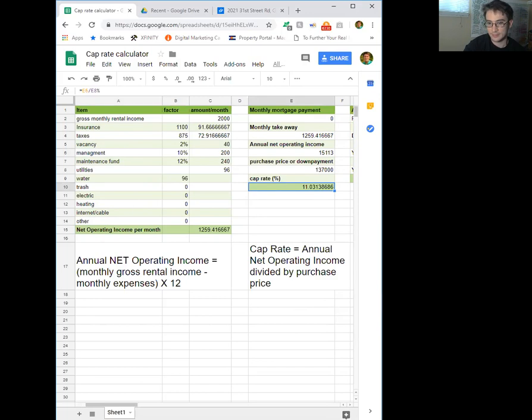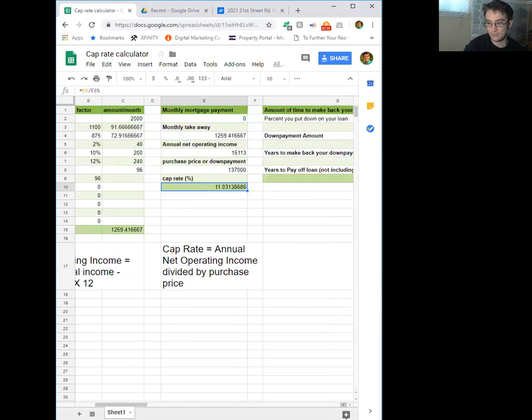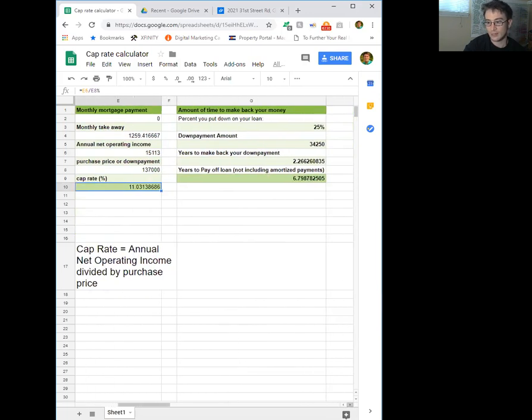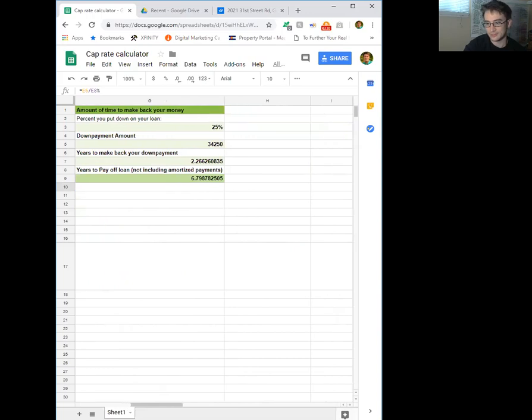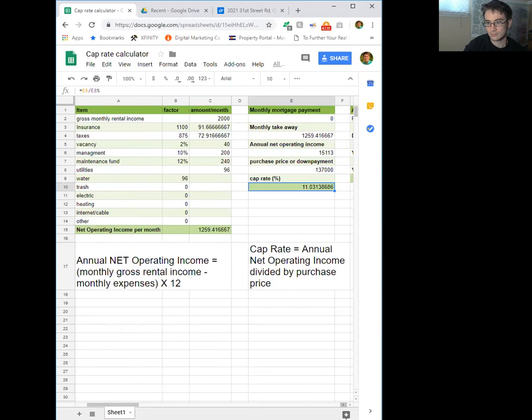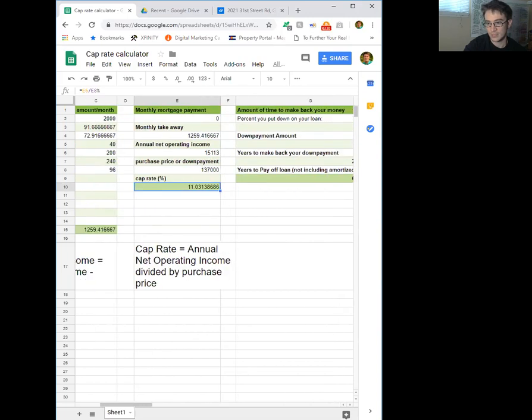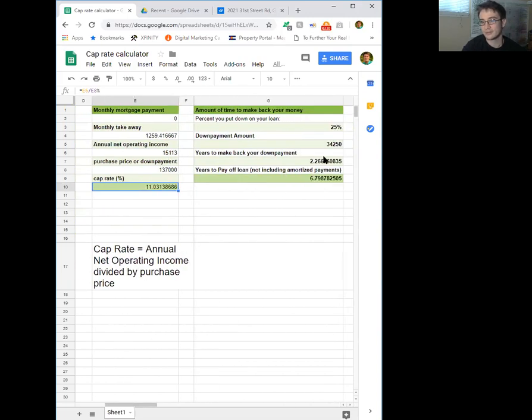In this case, I included a few other things, like how many years it takes to pay off certain things. If it's an investment loan, which if you're looking for investment property, most likely they'll require you to pay 25% as your down payment on the loan.